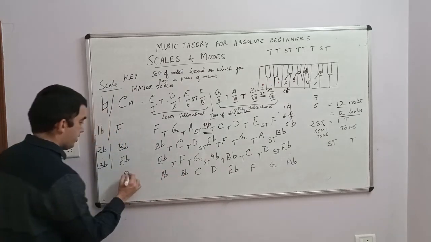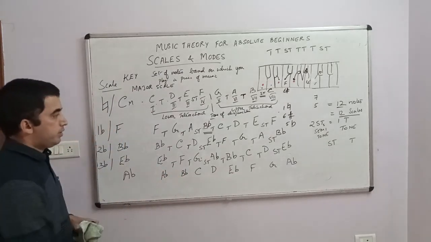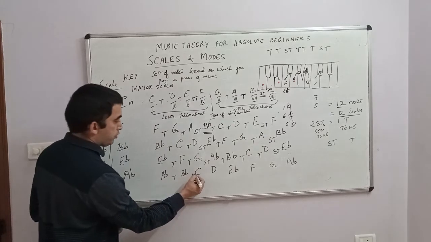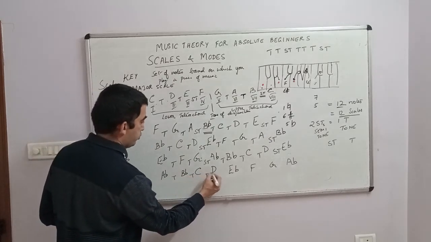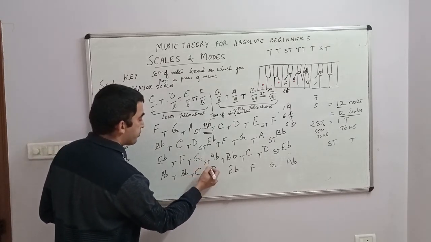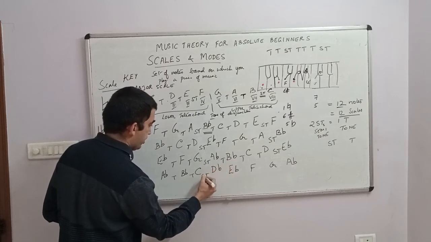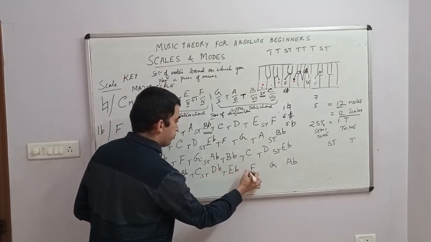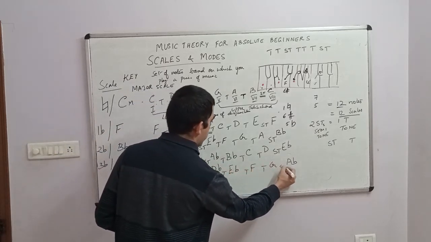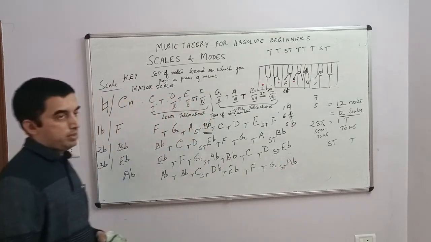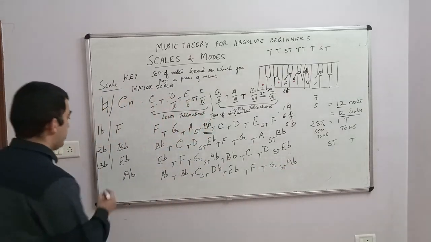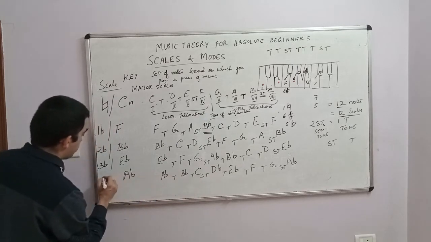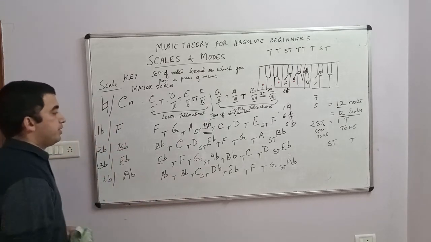Okay, this is the A flat scale. Again, tone, tone. Again, you have a tone distance, same story. Can't make it C sharp, make it D flat, semitone, tone, tone, tone, semitone. Good, I didn't get stuck here like last time. So we have four flats, so it's a 4 flat scale.